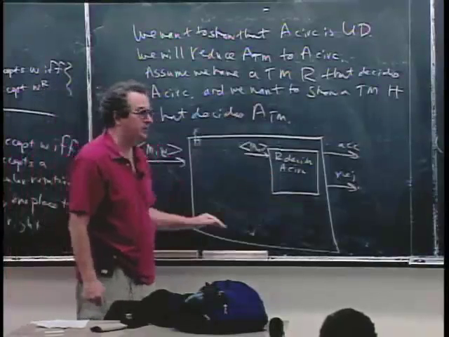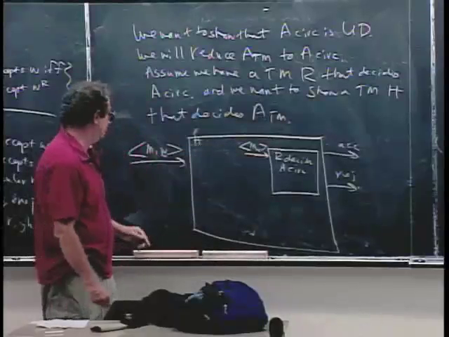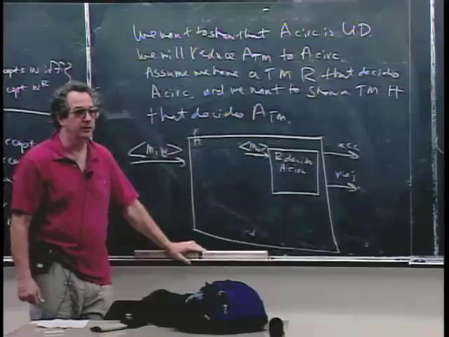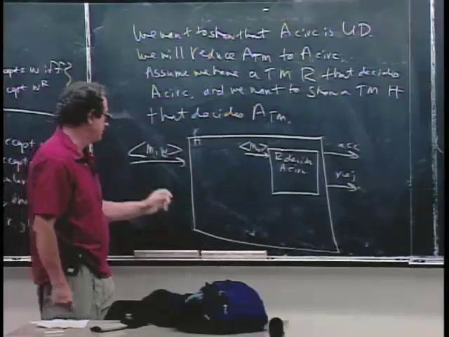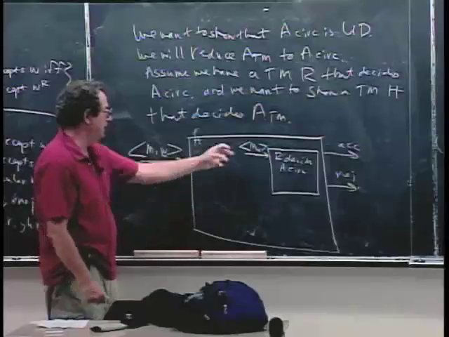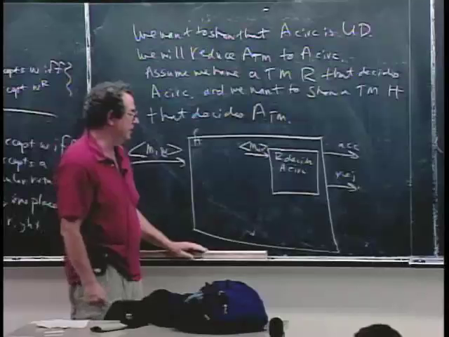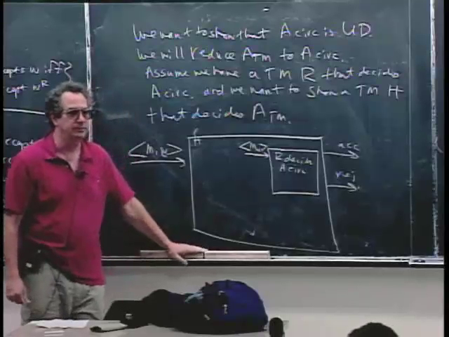Can we build inside here a Turing machine that can look at MW and decide whether the input is specifically W or not?